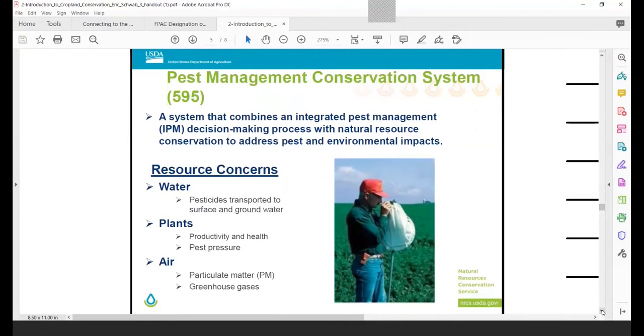The system combines an integrated pest management, or IPM, decision-making process to address pest and the environmental impacts. Again, we're going to be planning this practice to address water quality, pesticides, plant productivity and health, plant pest pressure, and some of the air quality resource concerns. If we can scroll on to the next slide.